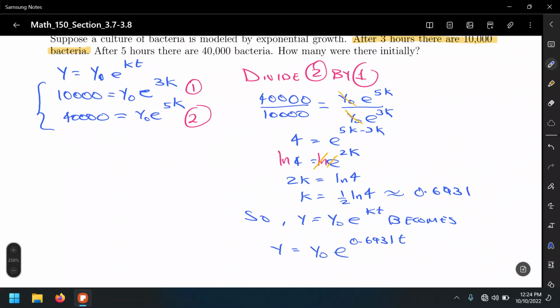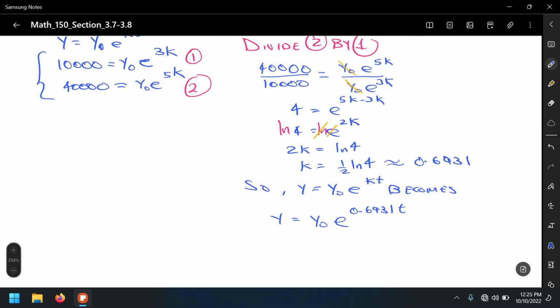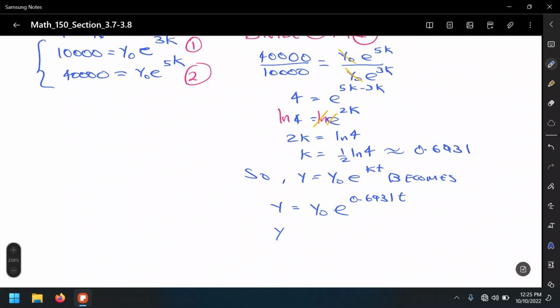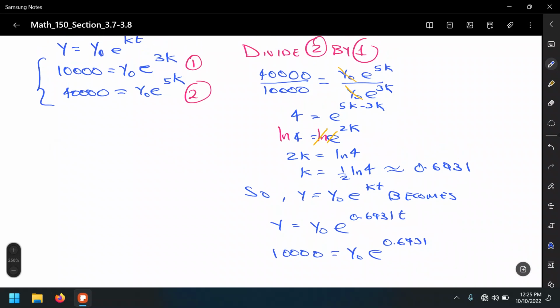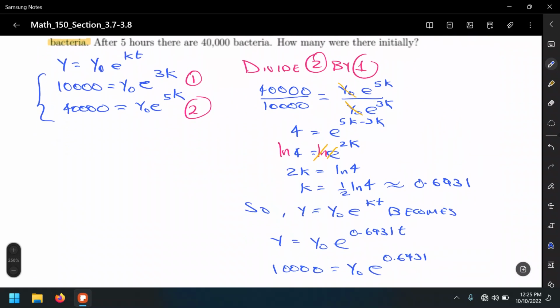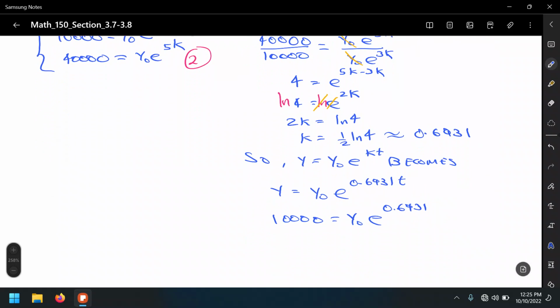So now that we know this, let's plug in y, which in this case is 10,000. 10,000 equals y initial e to the 0.6931. How many hours is that? After 3 hours. Yes, whoops, 3 hours. I'm going to multiply this number times 3, the number I obtained before, and then exponentiate.